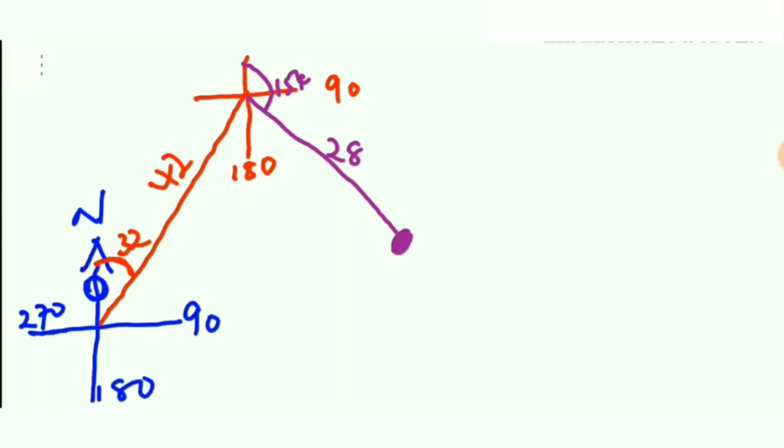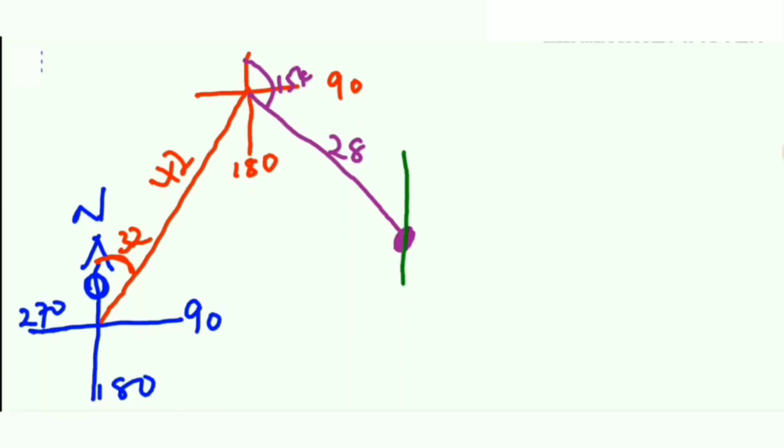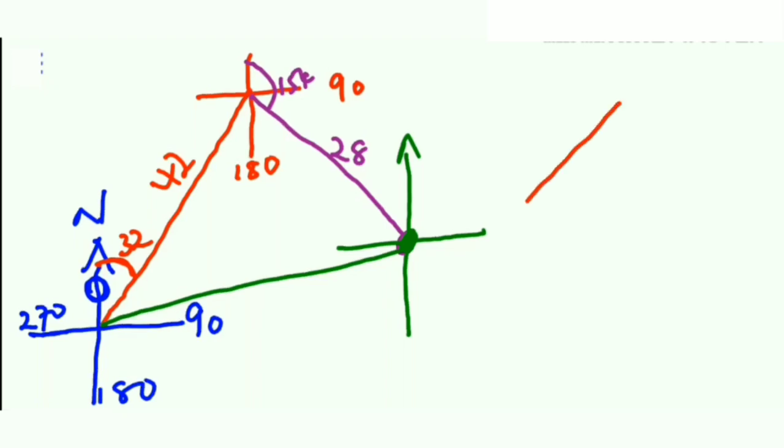Right? Let me draw a compass. Right. So here's the man now. Let me join to have a complete diagram. Right. If I'm to draw a triangle separately, it will look something like this.